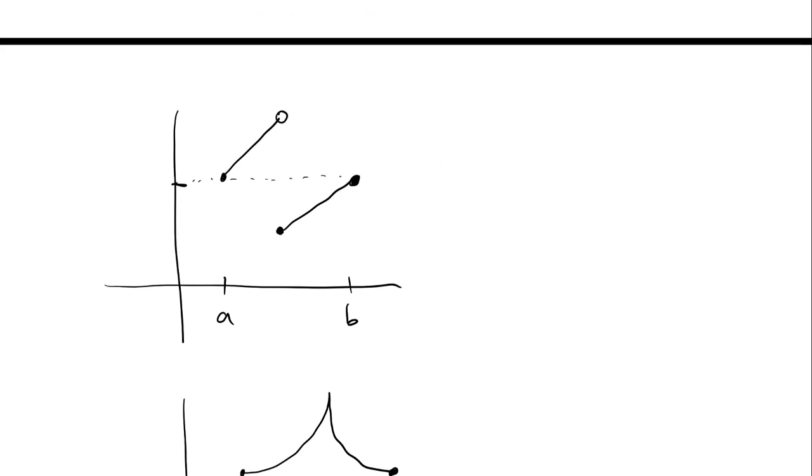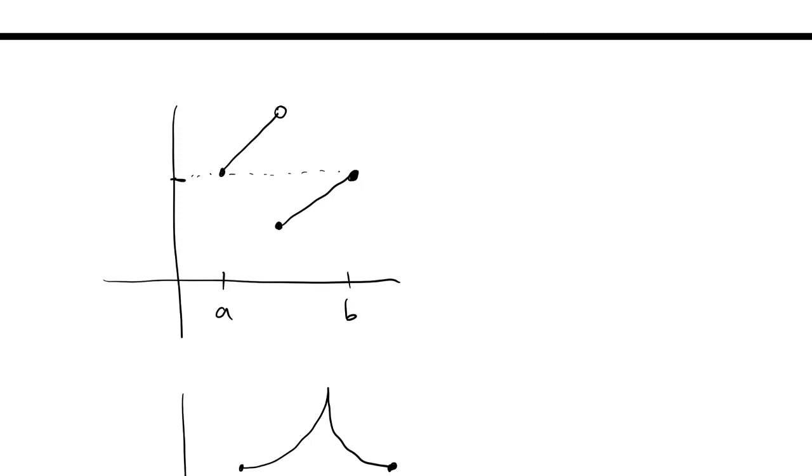All right, so let's take a look at a couple of other graphs and see what might be going on here. In this first graph, we see that we do indeed have f of a equal to f of b, great, but f is not continuous on the closed interval [a, b].